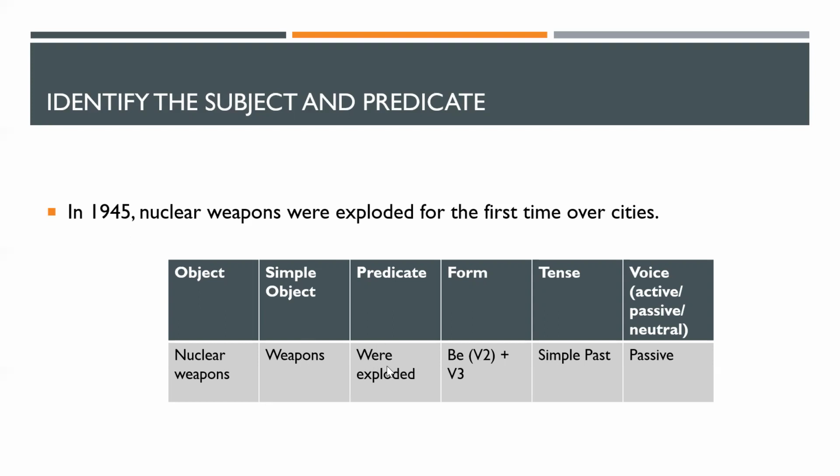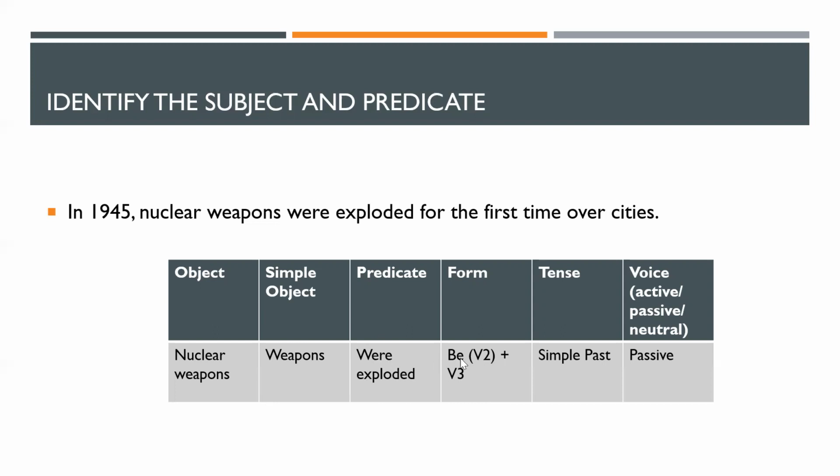The next one, "were" here is followed by "exploded." Exploded is verb 3. Why do we have verb 3? Because verb 3 cannot stand by itself, it needs some additional, what is it? Kata bantu, yeah, additional helping word, to become a predicate.